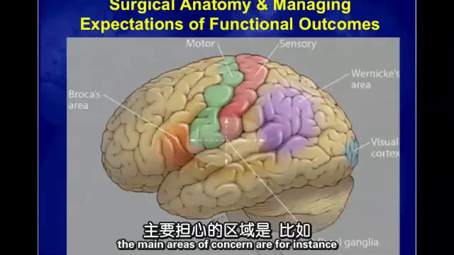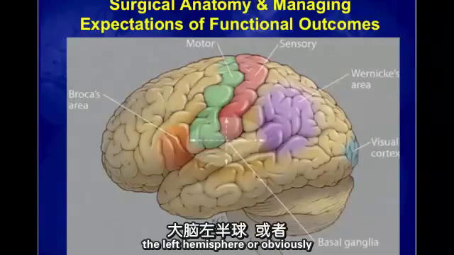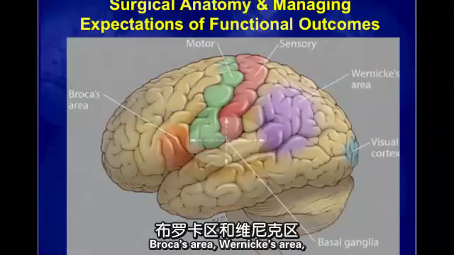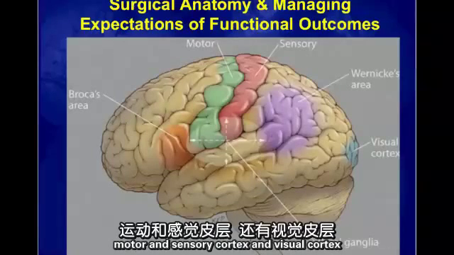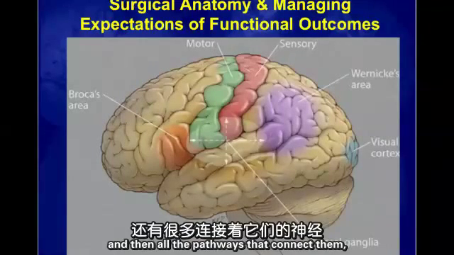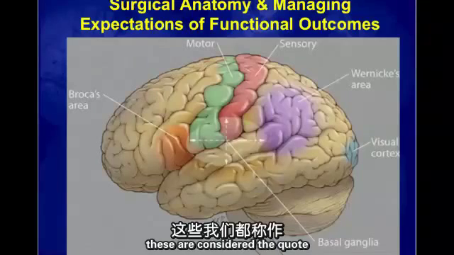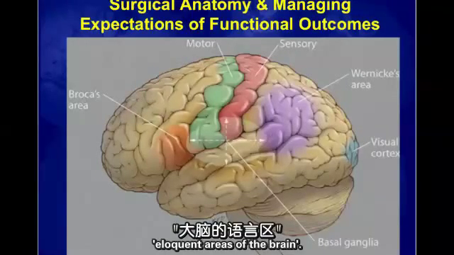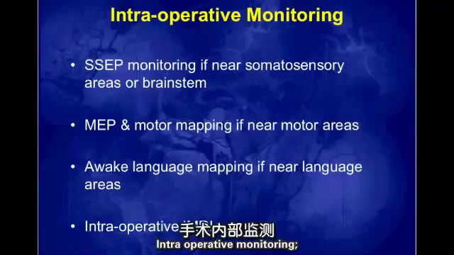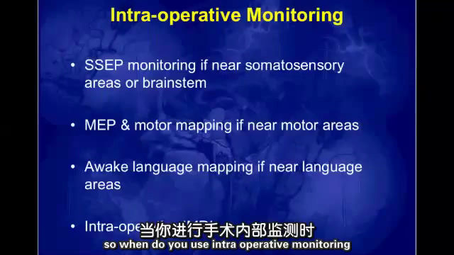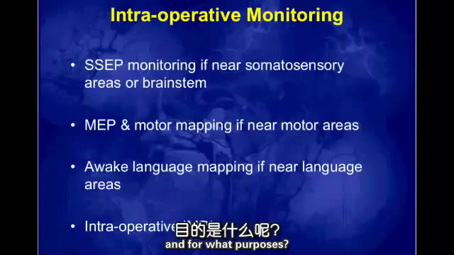The main areas of concern, for instance in the left hemisphere, are obviously Broca's area, Wernicke's area, motor and sensory cortex, and visual cortex, and then all the pathways that connect these. These are considered the, quote, eloquent areas of the brain. Intraoperative monitoring. So when do you use intraoperative monitoring, and for what purposes?